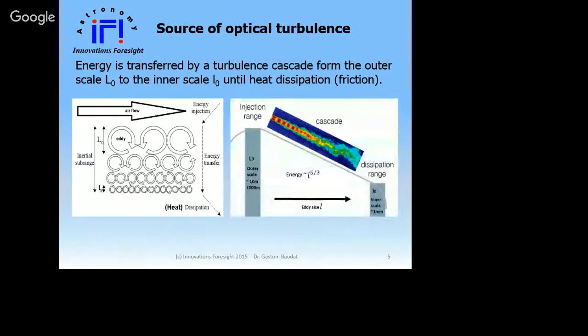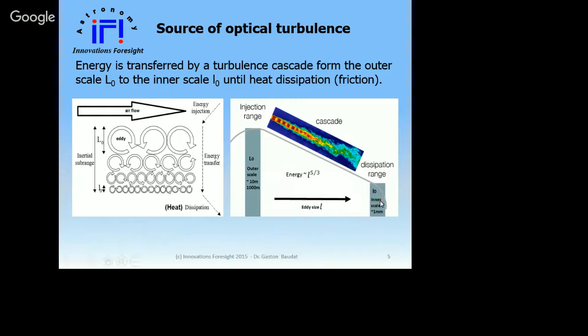From an energy standpoint, there is what is known as the injection range. This is where the motion of the atmosphere injects energy at the highest, outer scale level, where the size of the turbulence is typically between 10 meters and a kilometer. Those turbulences will go from those large scales down to the inner scale, to the millimeter.